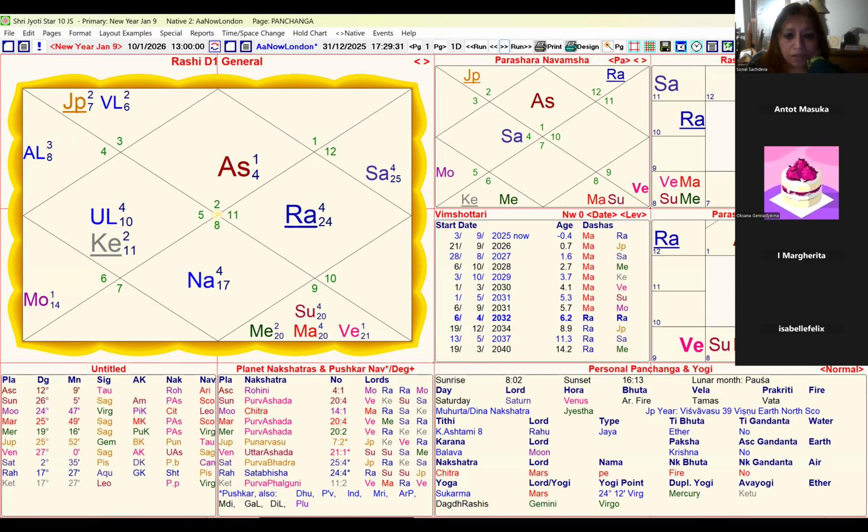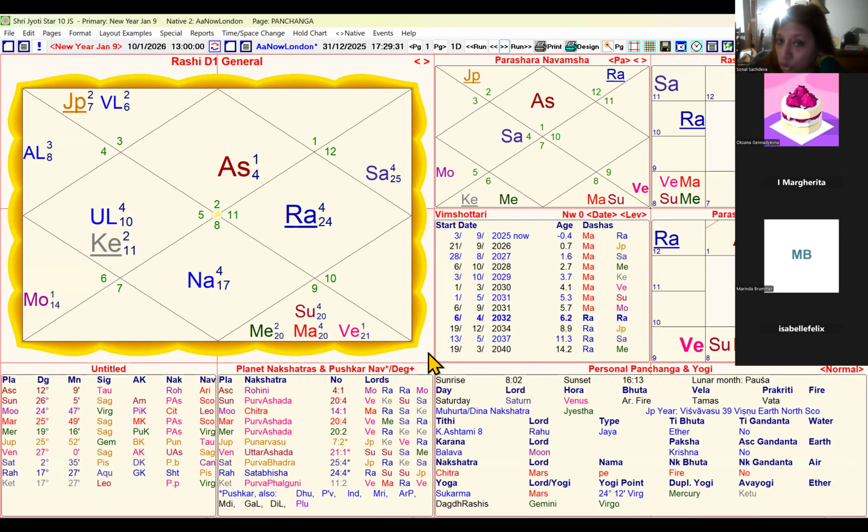Okay. So as you can see here, everyone, can you all see now? Not yet? There. Now? Yes, we can. Okay, lovely. So as you can see here, guys, look at all the signs. Look at all this buildup here. Shani, Jupiter, and the moon here.